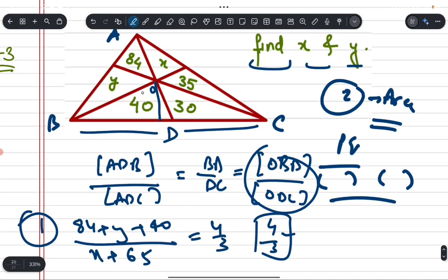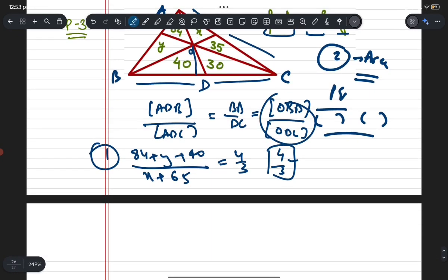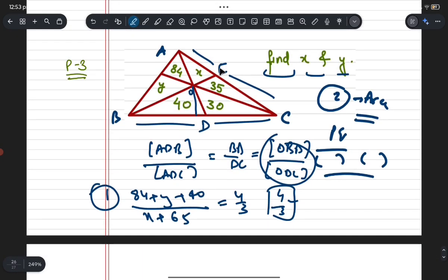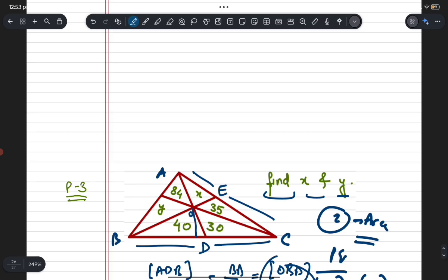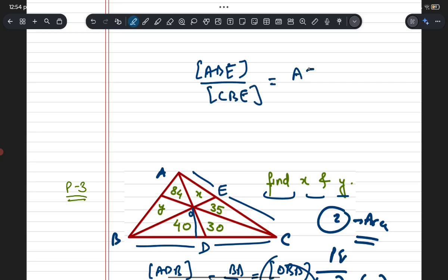If you observe the same triangle from a different perspective, can I also say, let's say this is E. Can I say area of triangle ABE by area of triangle CBE is AE by EC, right? And what is AE by EC?